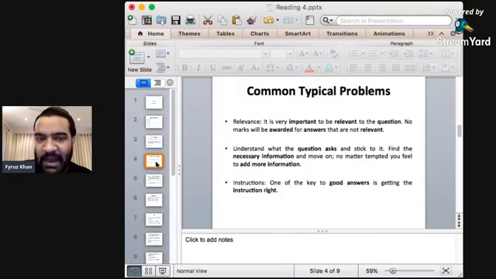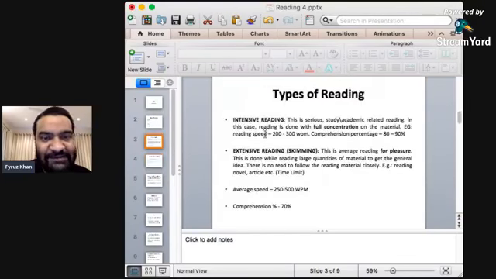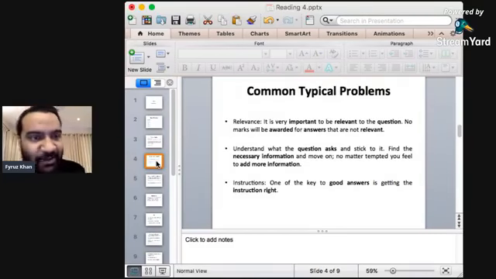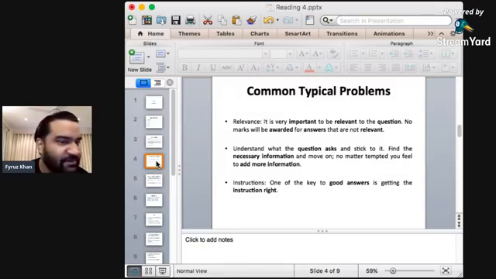This is why I was talking about intensive reading, because when you read word by word, line by line, it helps you to be more relevant. Now, you can't use intensive reading for all materials, but of course, if you get stuck on one or two, you need to be relevant.